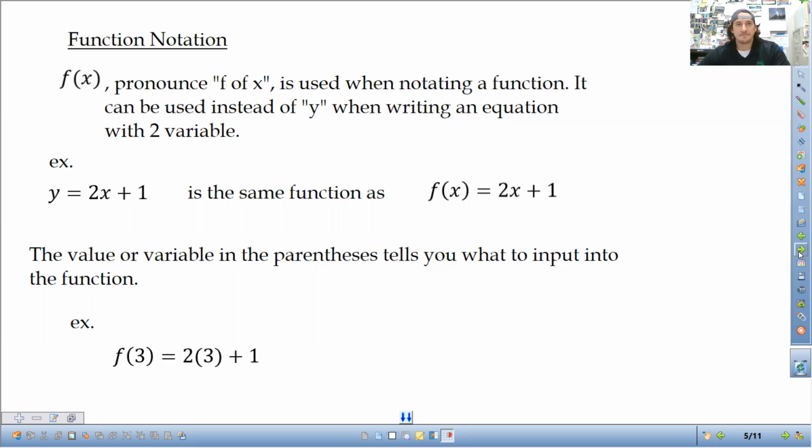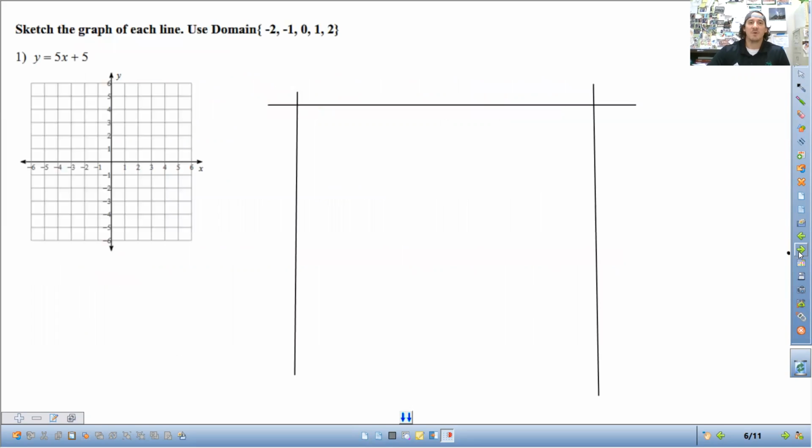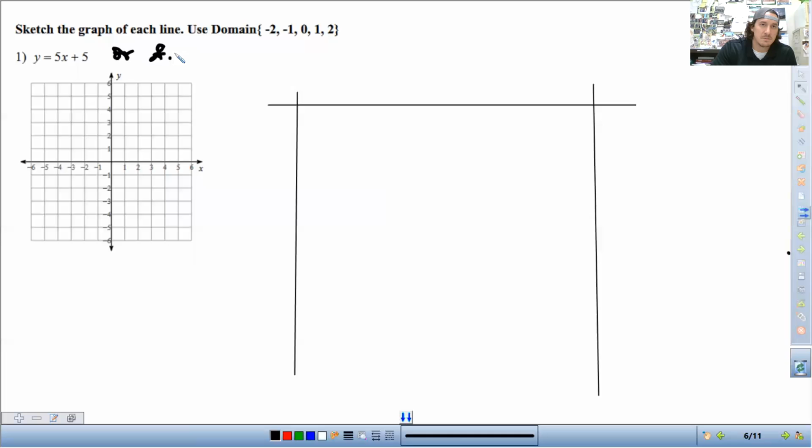So to graph these, I'm going to give you a domain. So remember, the domain are the x values. So a domain of -2, -1, 0, 1, 2. We're going to input them into the function here. Y is equal to 5x plus 5, or if we were to put that into function notation, we would say that is f of x.